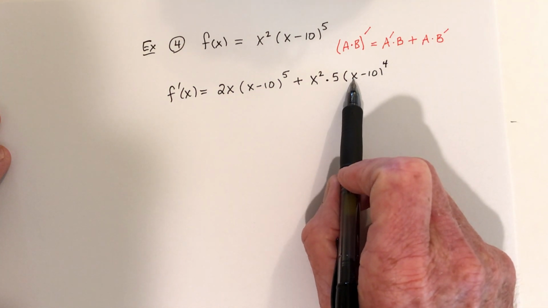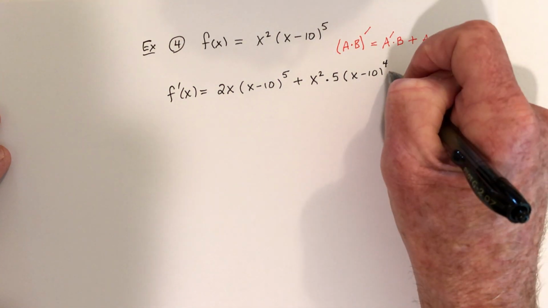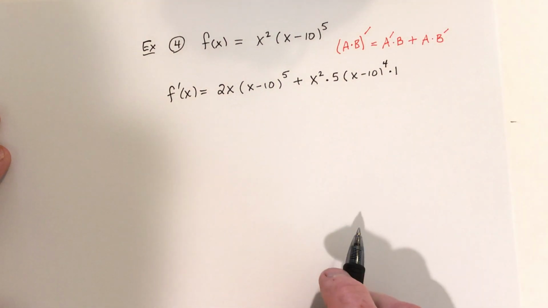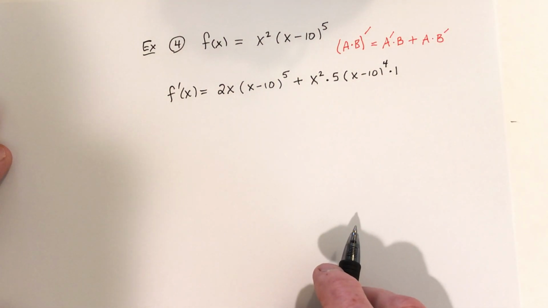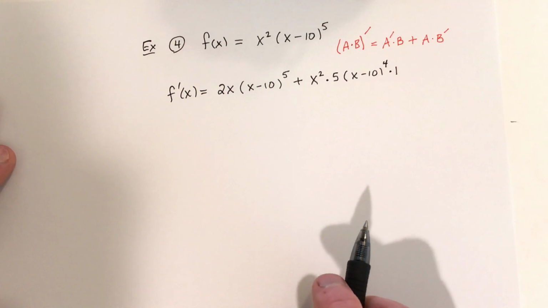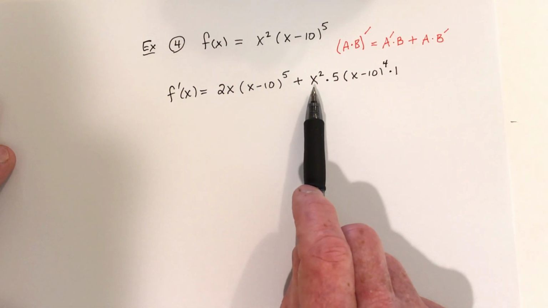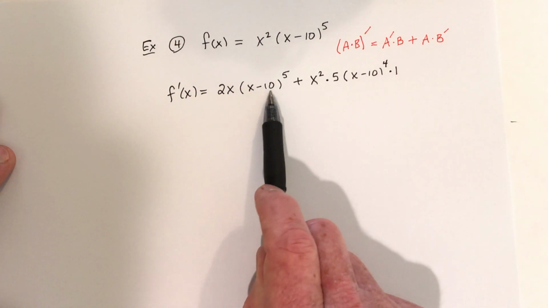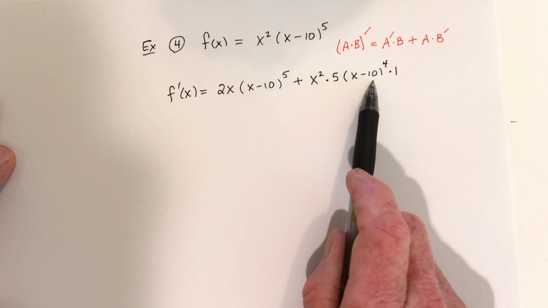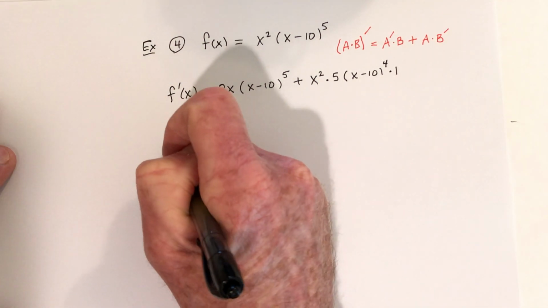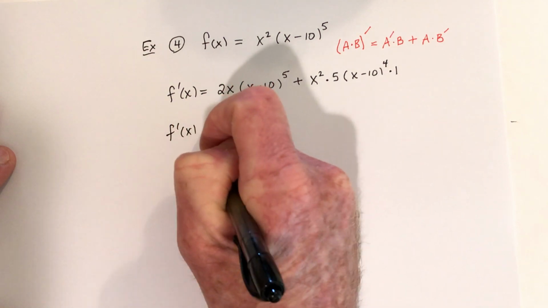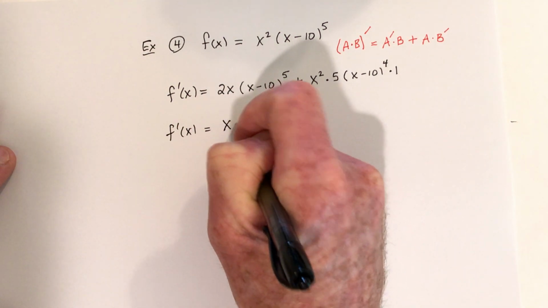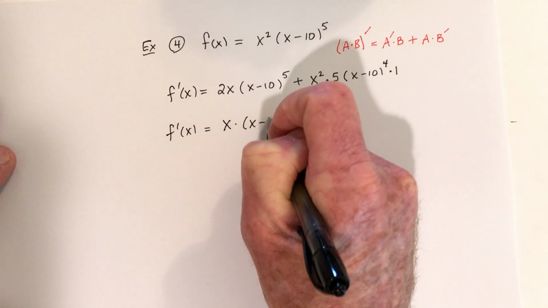Well, the derivative of x is 1, so multiply by 1. And with this one, I would like to clean it up a little bit because I can see that there's an x in each one of these, and also there's an x minus 10. So I could factor out an x and also an x minus 10.